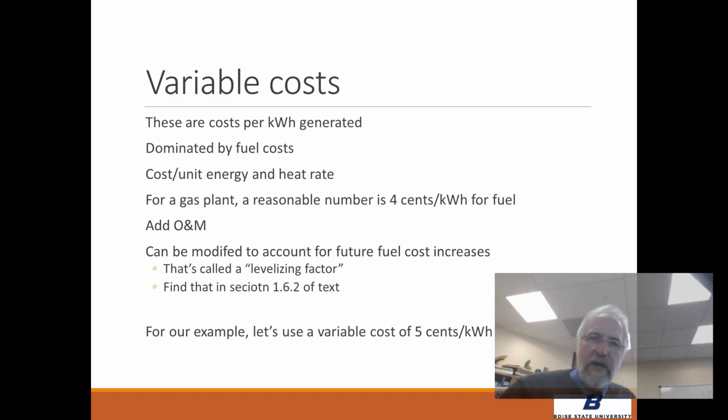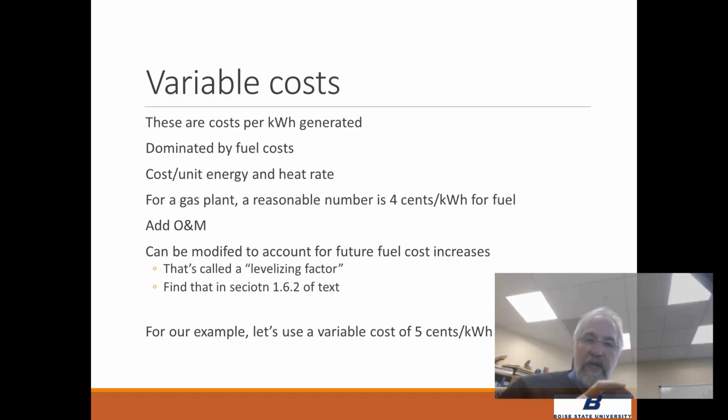Okay, variable cost. For fossil fuels, we're really talking about fuel, right? And the book does a very good job going through it, but basically we look at the cost per energy unit of fuel. Usually for coal or natural gas, it's so many dollars per million BTUs. $6 per million BTUs is typical for natural gas.